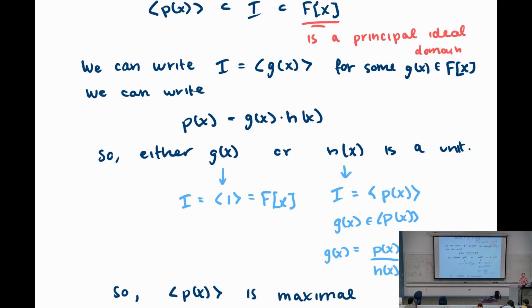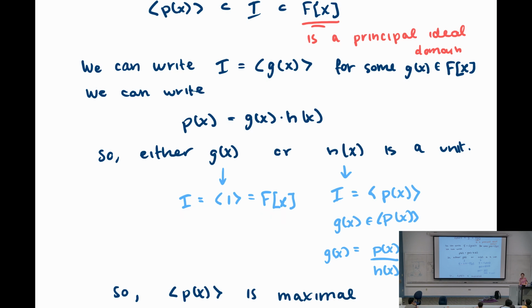Yeah. Other question? So is the only unit... A unit would be anything that's invertible. So it could also just be an element of the field that's not zero. So you're talking about for this part? Yeah.